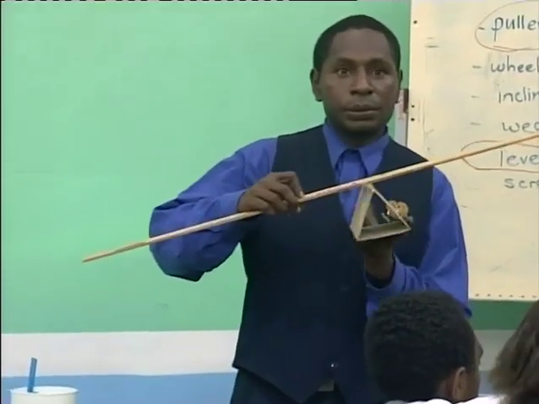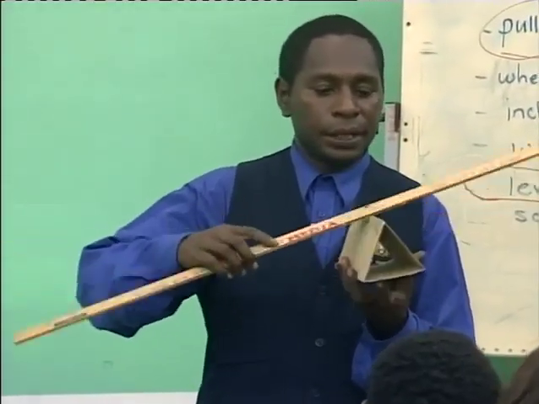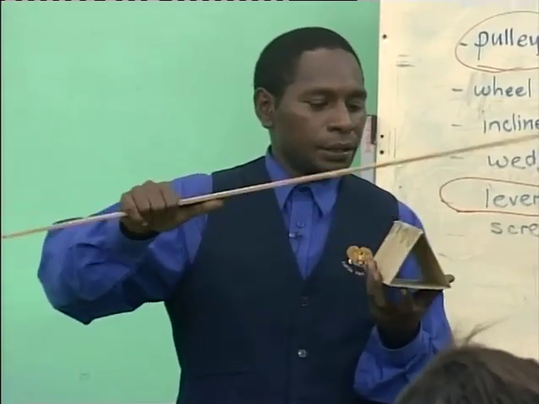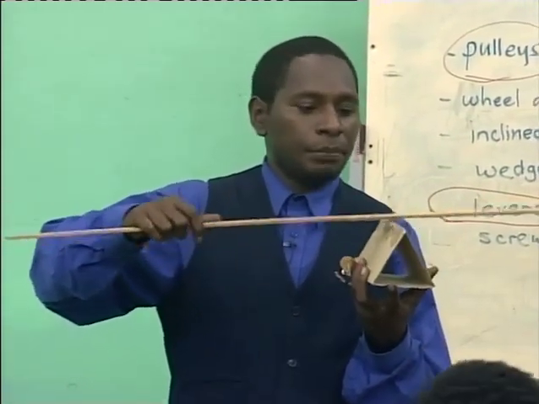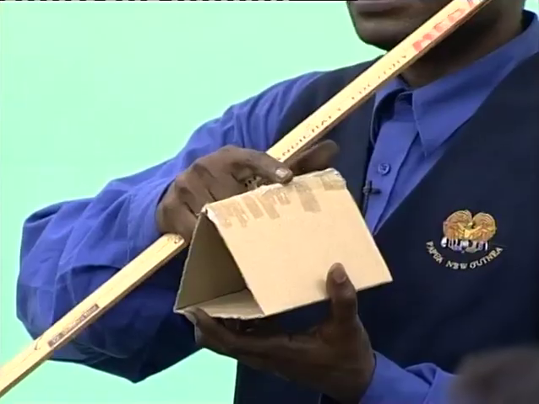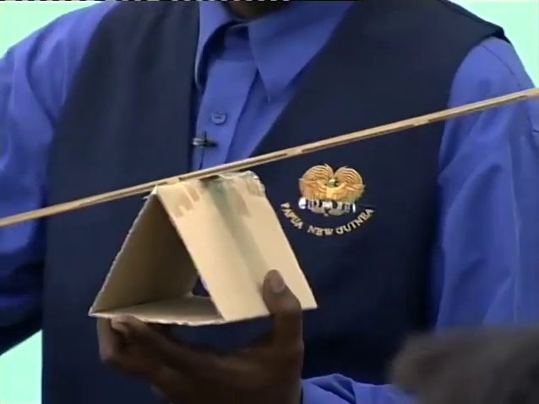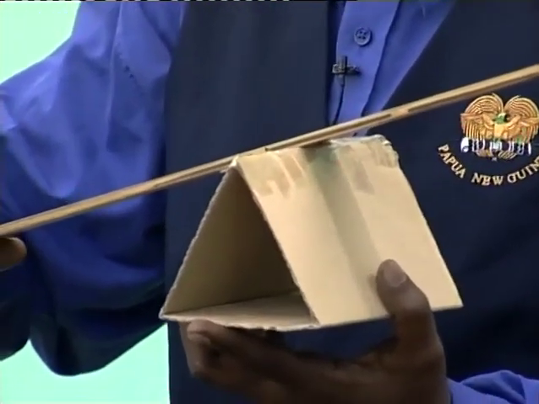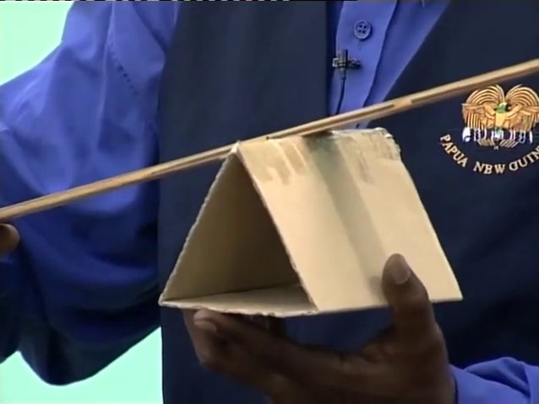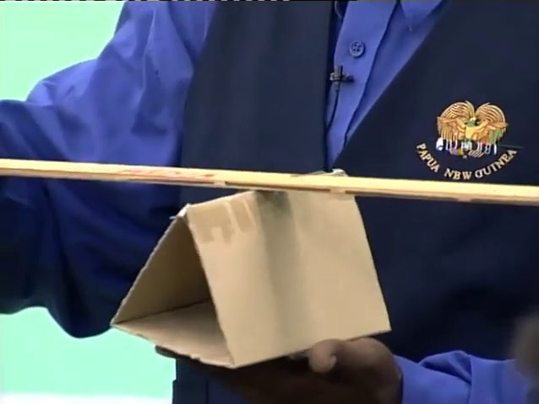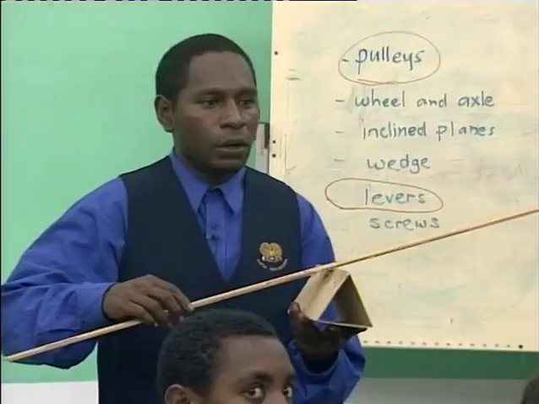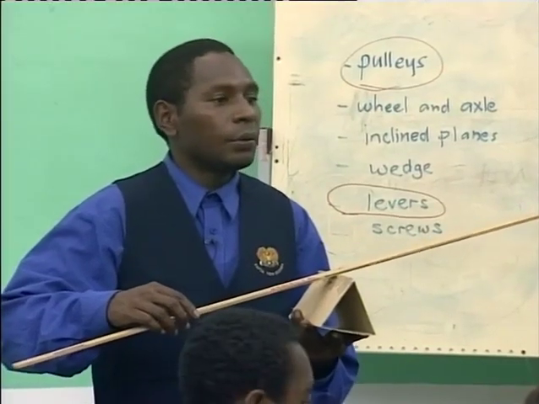Okay, so we will use this bit here and use this as the pivot, this one here. You may use a pencil or saw as your pivot, or a book, or rubber.